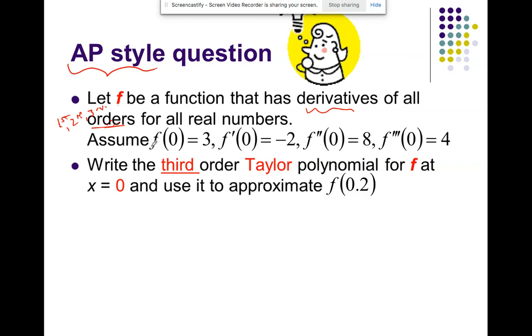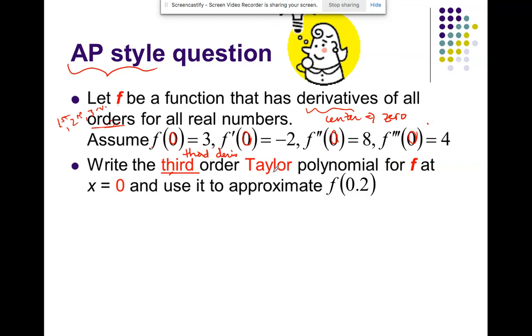and they're giving me what f is at what? What do you think this number must be? That's the center. They want a third order. That means the third derivative was used. There's the check.